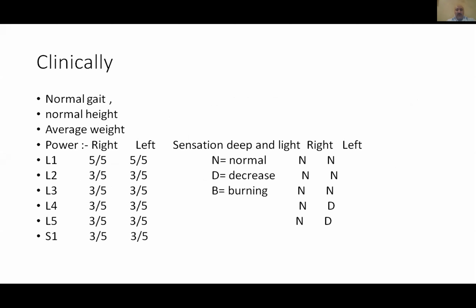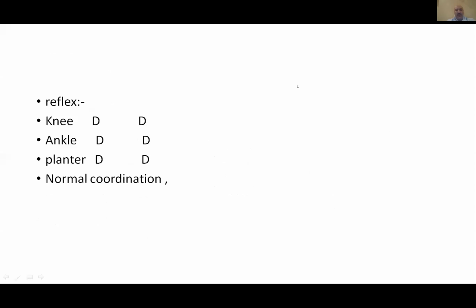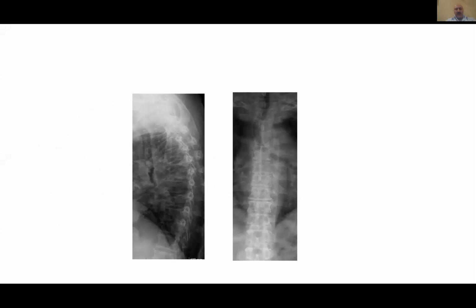So we did the examination. You can see there is a drop in the sensation down in the lower level. Also there is weakness from L2 down to S1, and the reflexes are down, I mean hyporeflexia on both sides.